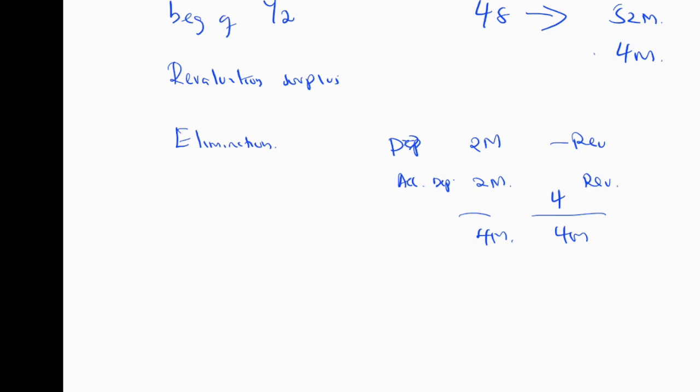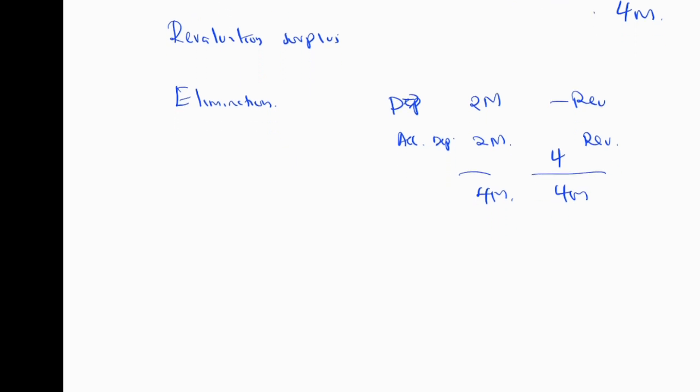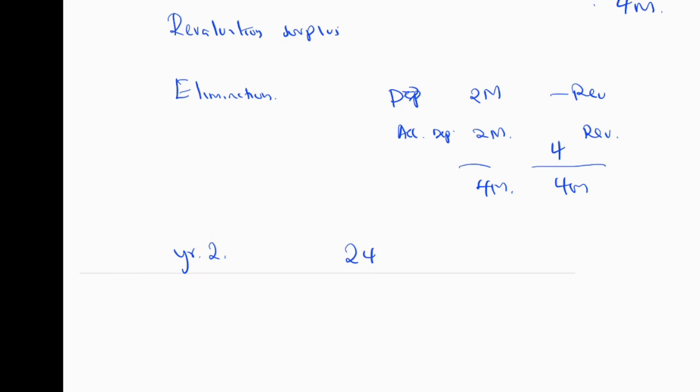Before I move out of this method, what will happen to the subsequent depreciation? At the end of year two, how many years of your useful life have you remained with? You have remained with 24 years. So you will say 52 million, the new carrying amount, divided by 24. That will give you the depreciation for the year.